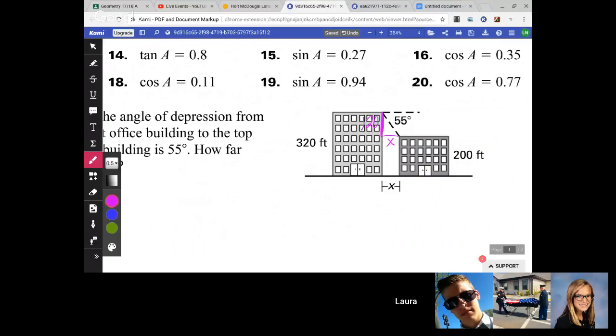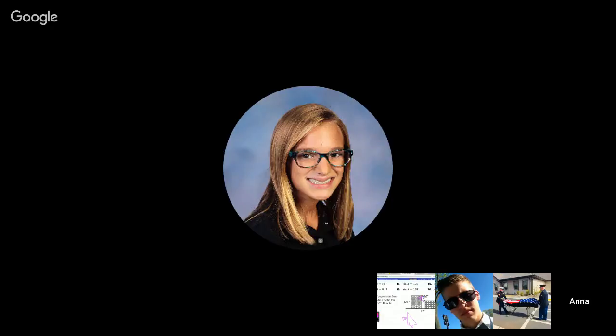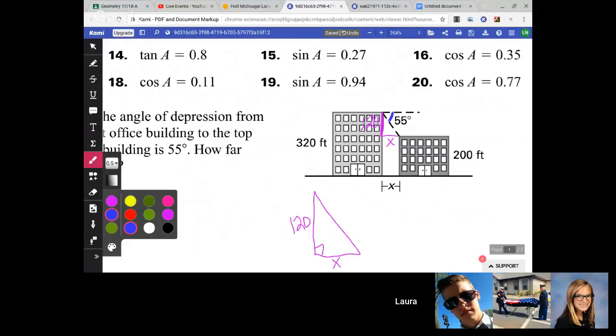Okay, so I'm going to draw that triangle down here so I can make it a little bigger and label what we actually know. So this 120 is our X. Now they told us that 55, but that 55 is right here. So our angle that's related to that 55 is up here.